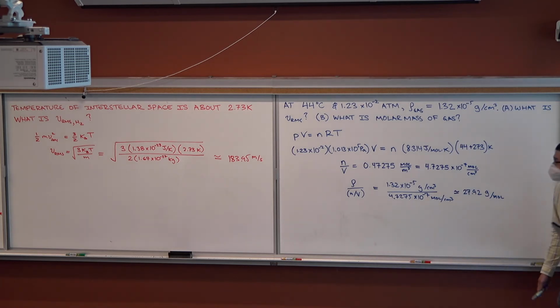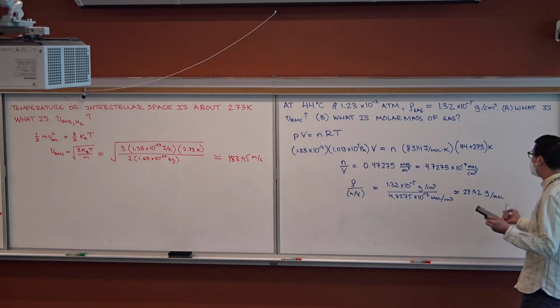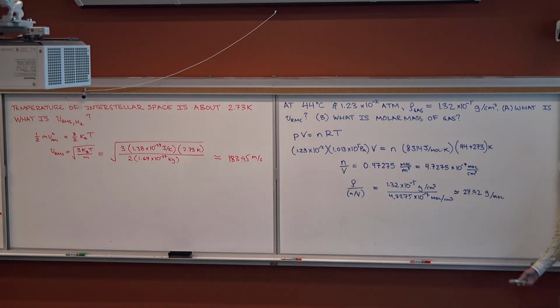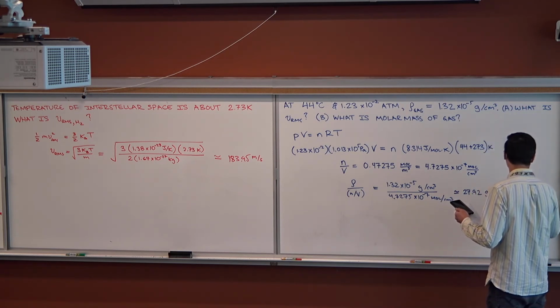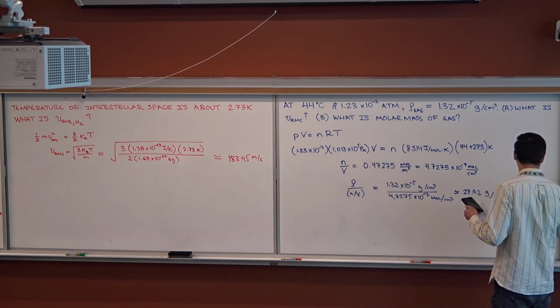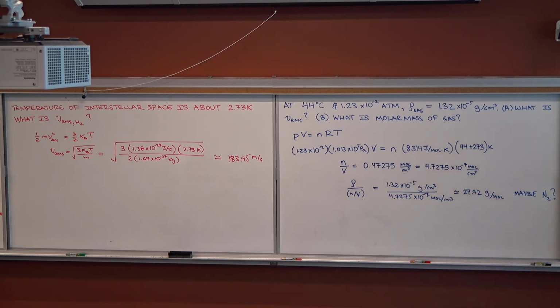Well, you'd see that N has a molar mass of 14, and so a common culprit that has 28 grams per mole would be N2. So a good suspect at least.